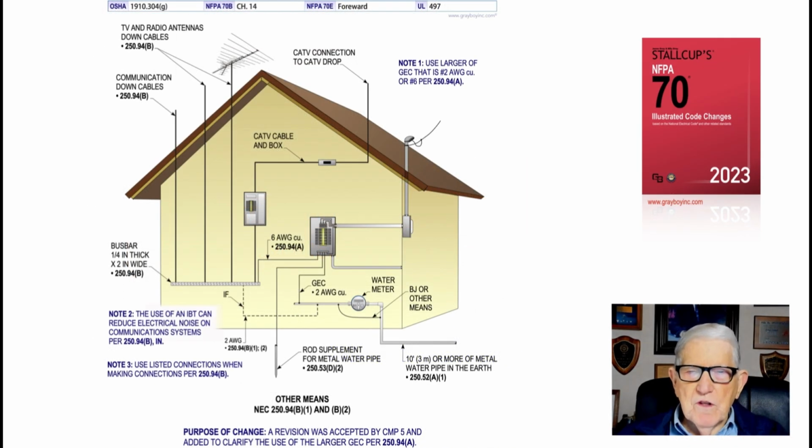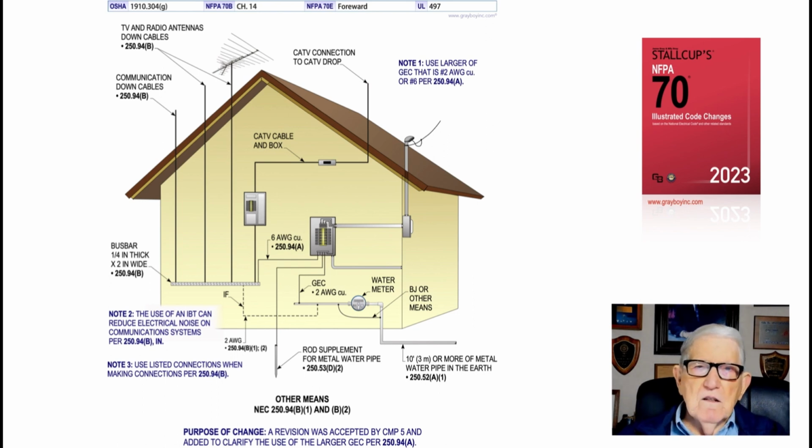Now this illustration deals with other means. In accordance with 250.94B1 and B2, the purpose of the change was basically a revision that was accepted and added by Code Manual 5 to clarify the use of the larger per 250.94A.